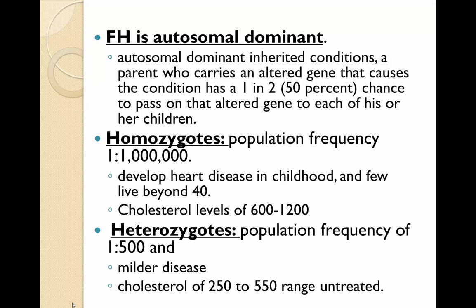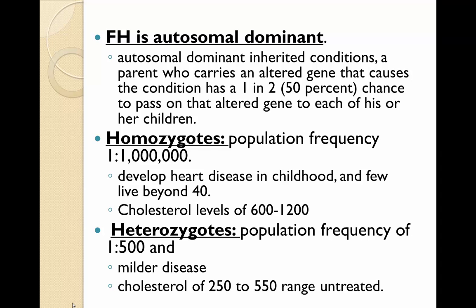But your parents could end up not passing it on to you. There are homozygotes within our population, and that means that these people have both copies. So they received one from their mom and one from their dad. And these are quite rare. They're about 1 in a million. But these children develop heart disease in childhood, and with more research that you're finding in the Stanford lecture, they have a greater rate of survival.